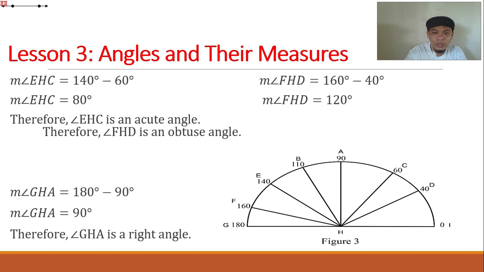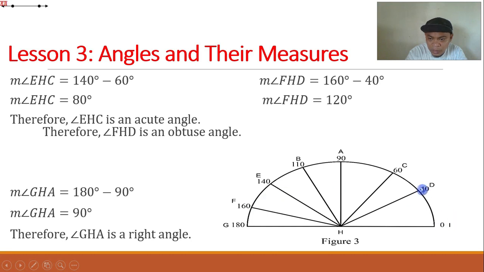Okay, so hanapin din natin yung measurement ni angle FHD. Saan si FHD? Ito si F, H, D. This is D. Okay, so to do this one, ito si F, from 0 papunta kay F, this is 160 degrees.